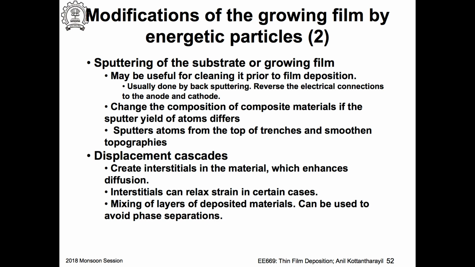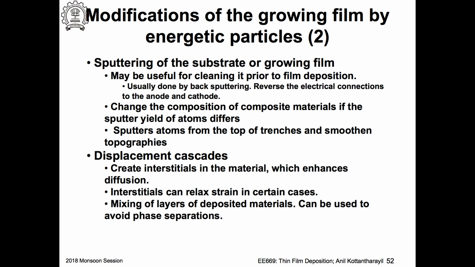In some systems there is a capability available to just reverse the polarity of the substrate, meaning anode and cathode, right? You have the substrate and the target, and you can actually switch the polarity of the supply. This is usually done using a switch, and then the substrate during that time becomes your target.